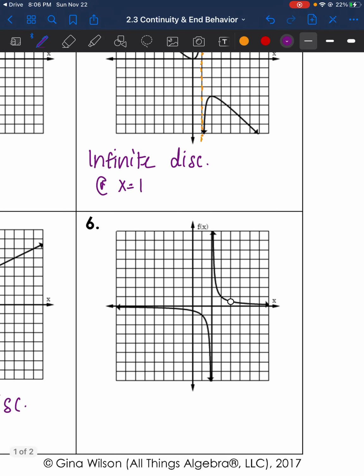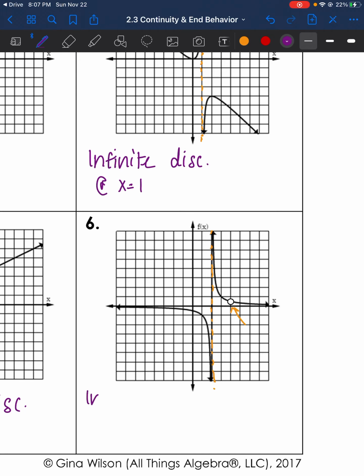Here it looks like we have 2 legs of this function, which means we have an infinite discontinuity. We have an asymptote at x is equal to 2, and we also have this hole here at x is equal to 4. So in this case, we have 2 reasons why this function is not continuous, and we will include both of them. We'll look at the asymptote first.